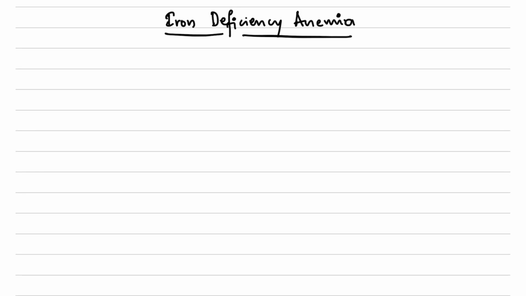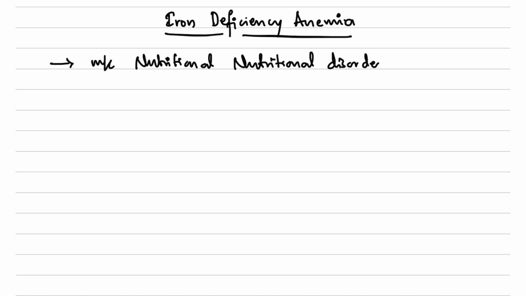So in this video we are going to look at iron deficiency anemia in detail. First of all, what you need to know is iron deficiency anemia is the most common nutritional disorder in the whole world. How does it mainly act in our body?